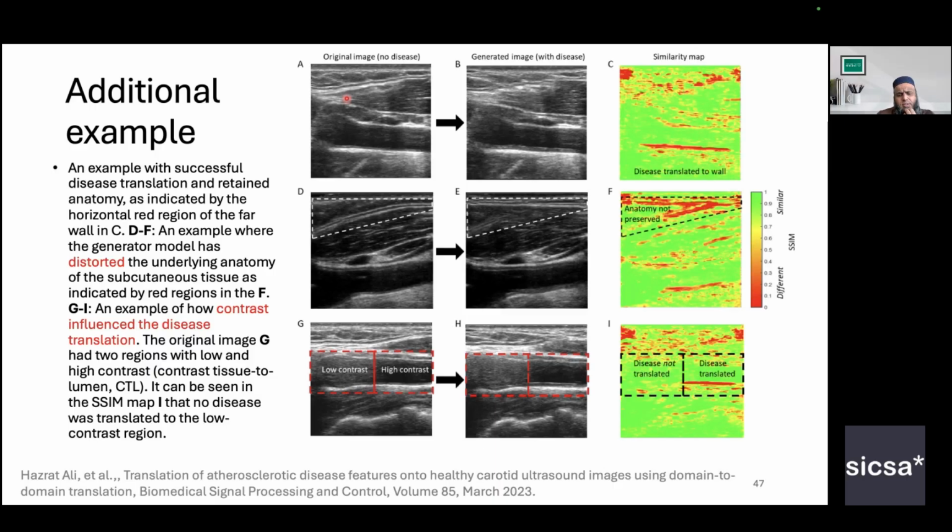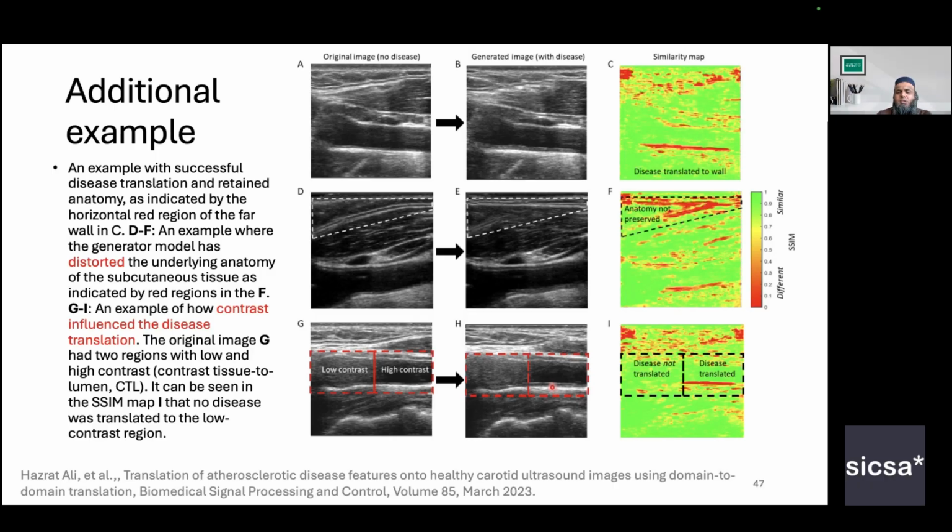One thing that we observed with this was that the regions with high contrast were quite helpful. If you look at image C, the right side of image C is with high contrast, while the left side is with low contrast. In the transformed image, we can see that the model has been able to introduce this plaque only in that area of the image where the contrast is quite high.